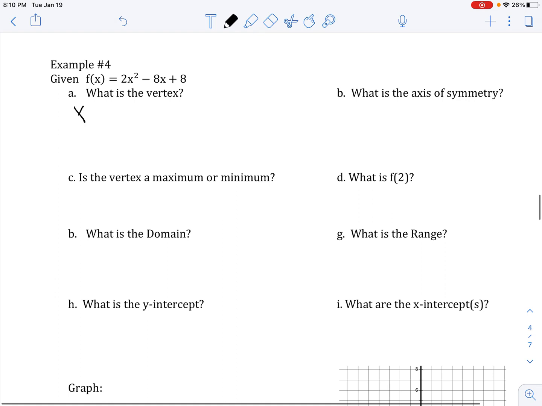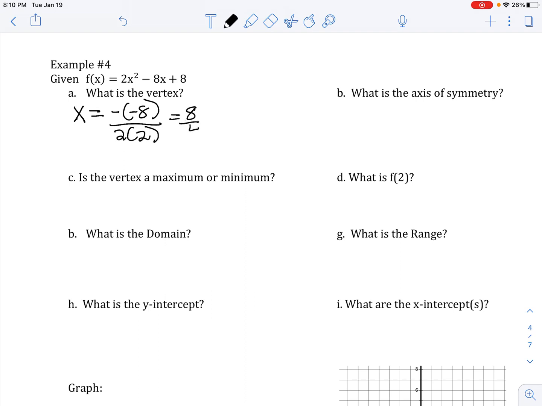Okay. So let's see what you got. So I got a 2 for my x value. And then I'm going to go ahead and do f of 2. So I'm plugging that 2 value back in.